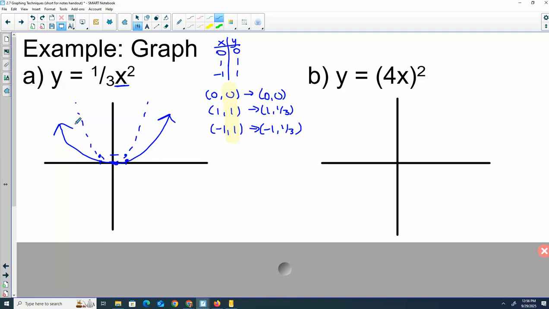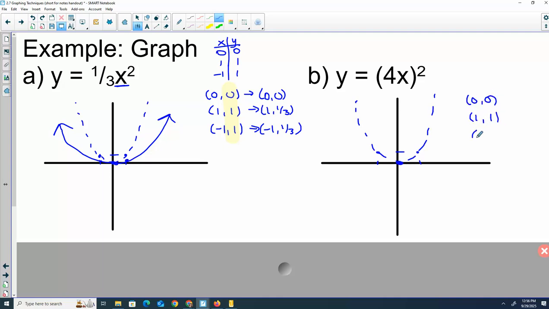Alright. The second one, parent function is the same. It's still x squared. So 0 squared is 0. 1 squared is 1. Negative 1 squared is 1. This time the 4 is inside my parentheses.